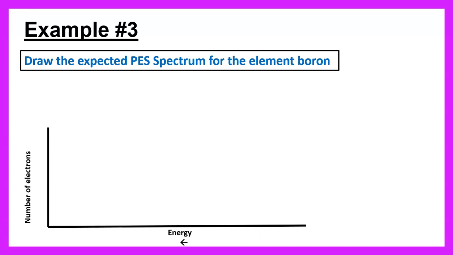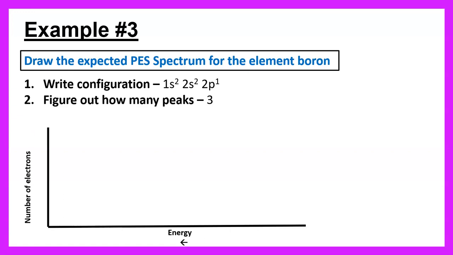So what I would do is I would first write out the configuration because that will tell me that I need 3 peaks. Then I can look at my superscripts and I can say, okay, 1s2, 2s2, those peaks should be the same height. 2p1, that should be half as tall as these.